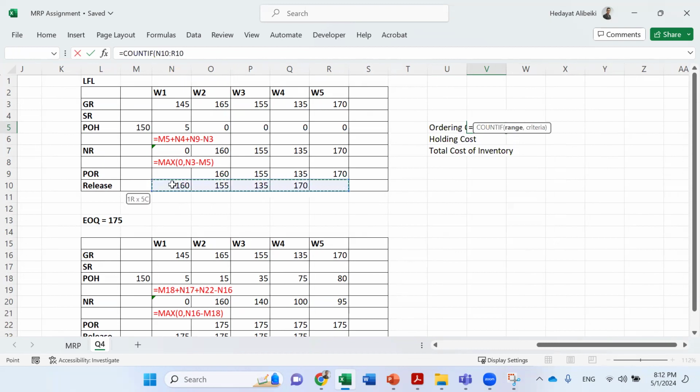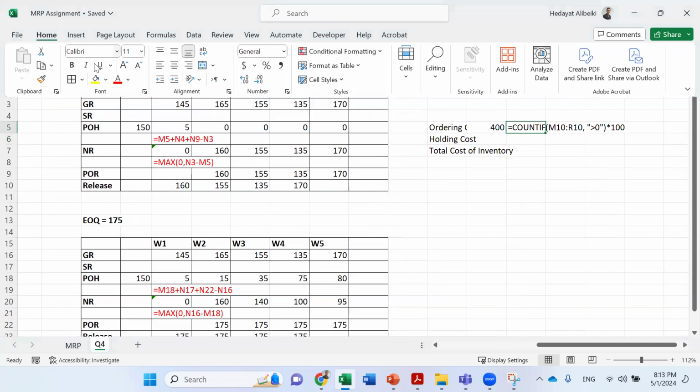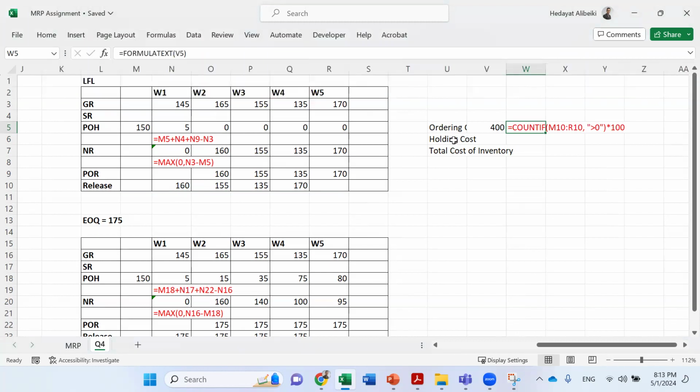Let's just include this one too. Count if of this range, if it's positive, how many times we ordered multiplied by the ordering cost of 100. So 4 times order multiplied by 100, so it'll be 400.